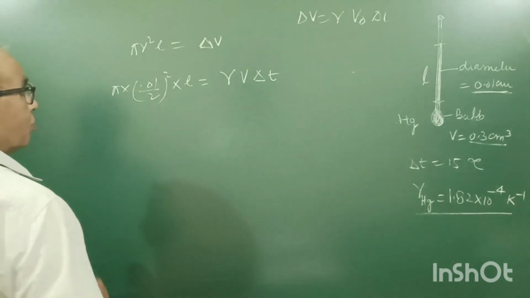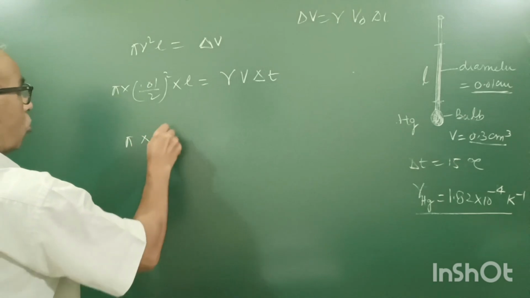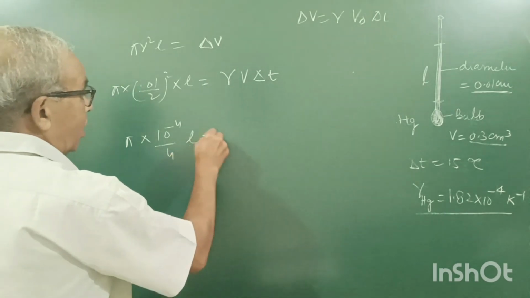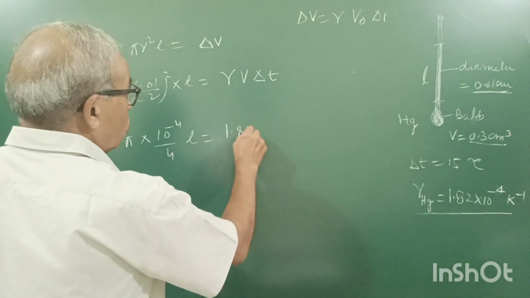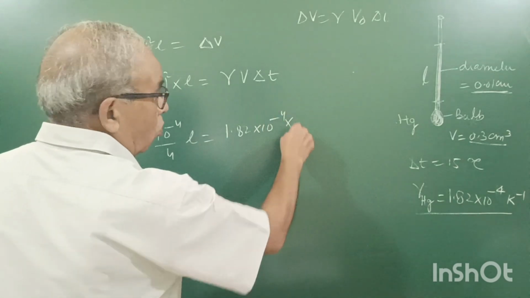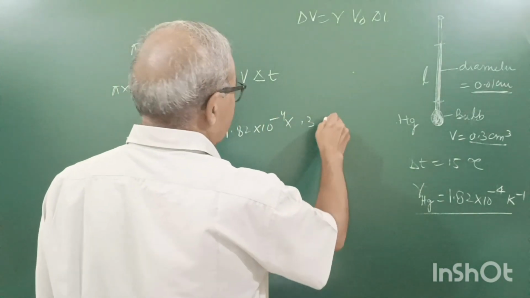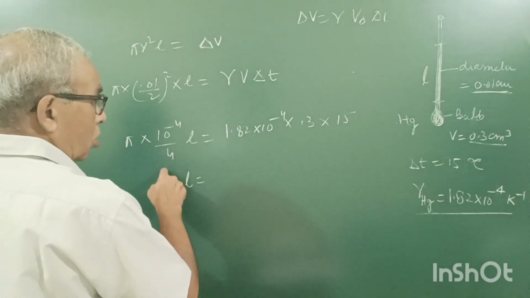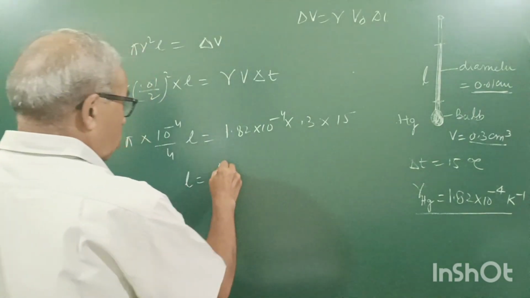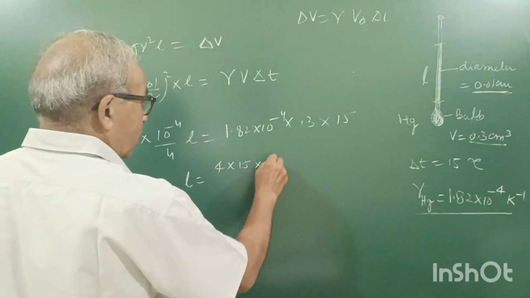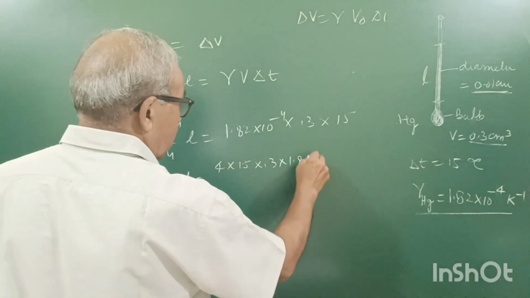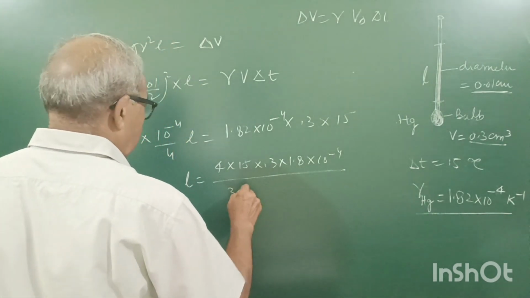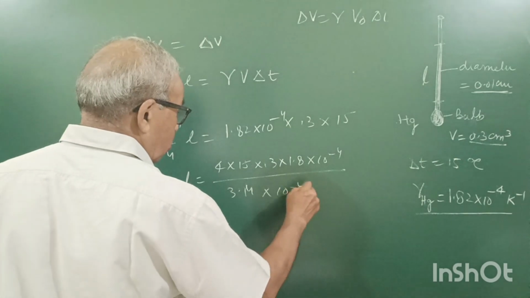So pi into 10 to the power minus 4 meter square upon 4 L equals gamma, 1.82 × 10⁻⁴, volume 0.3 centimeter cube, delta T 15. So you want to find L, equal to 4 into 15 into 0.3 into 1.8 × 10⁻⁴ upon pi, 3.14, into 10 to the power minus 4.